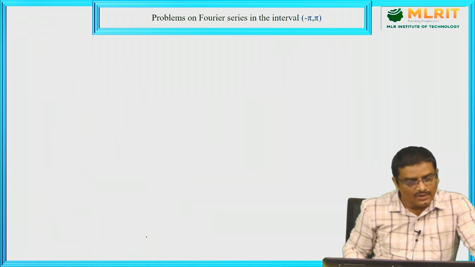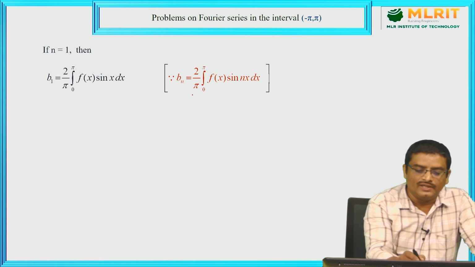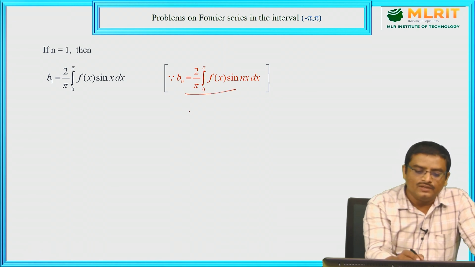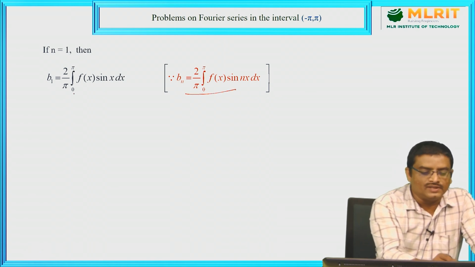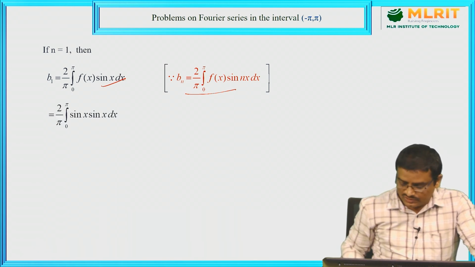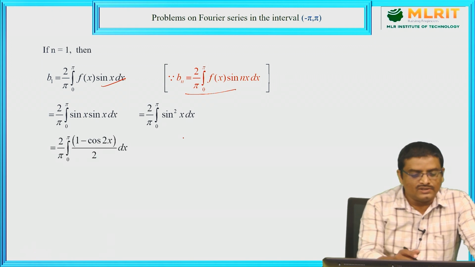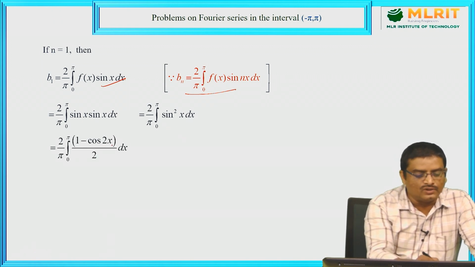Now separately we will take n is equal to 1 and substitute that in this standard formula of bn. So b1, n equal to 1, you will get this value here. So sin x into sin x, you will get sin square x. Convert that sin square x in the form of 1 minus cos 2x.